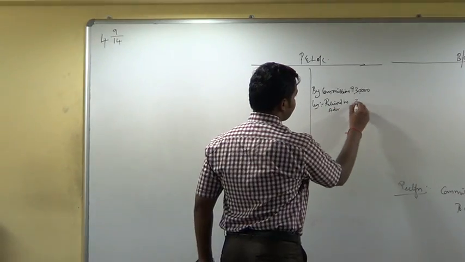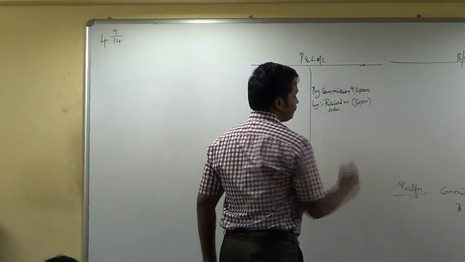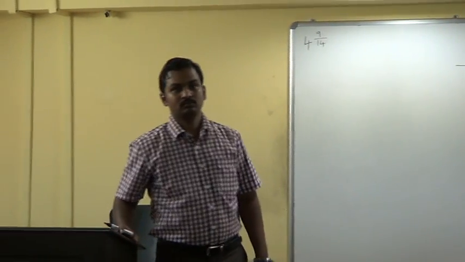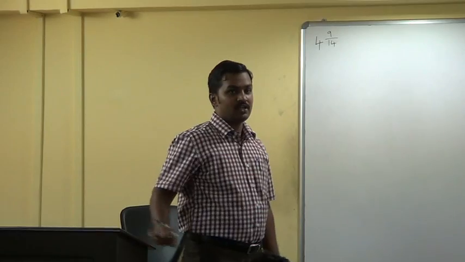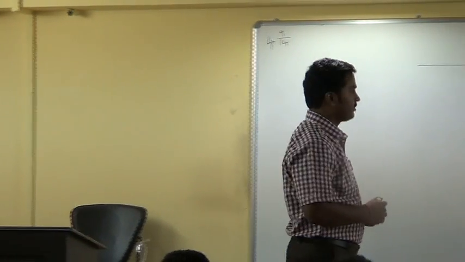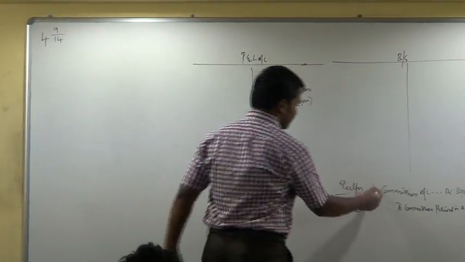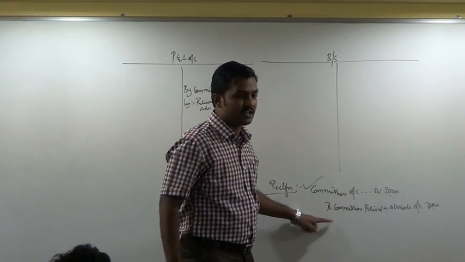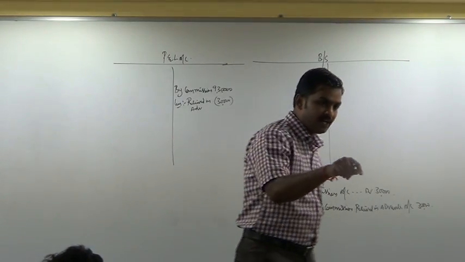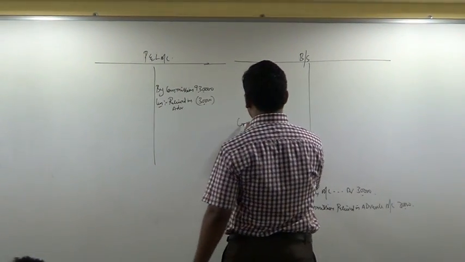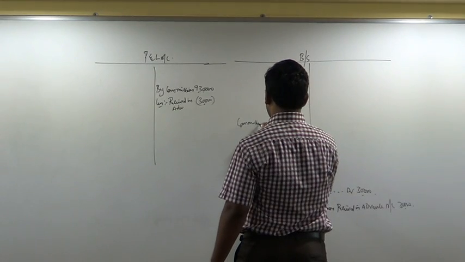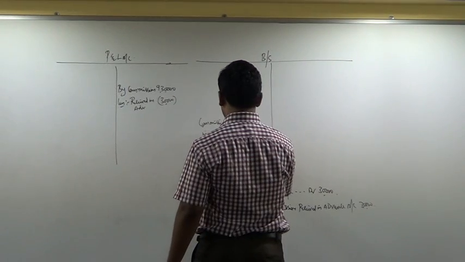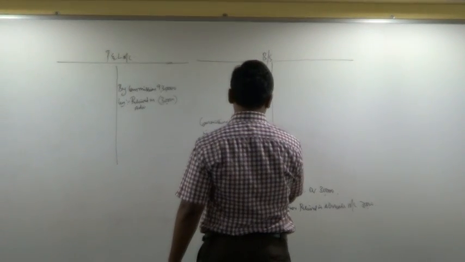Less: received in advance 30,000. That is the first effect. What is the second effect? In this entry, commission received in advance account is credited. It will show a credit balance. Hence it should be shown on the balance sheet liability side: commission received in advance account 30,000.